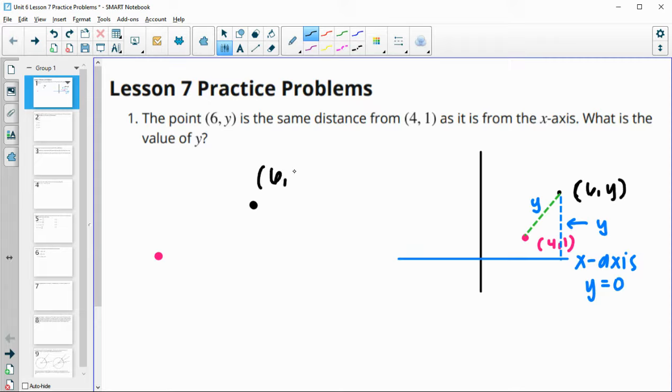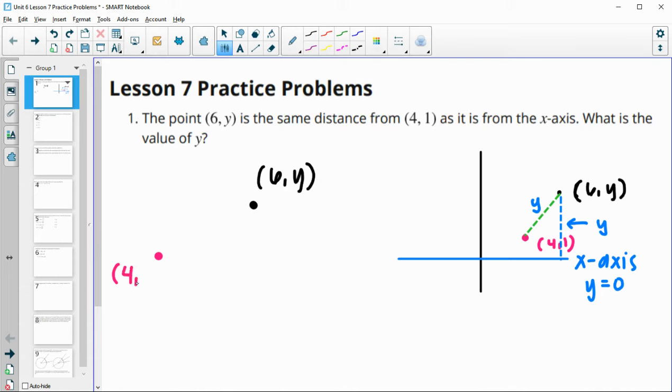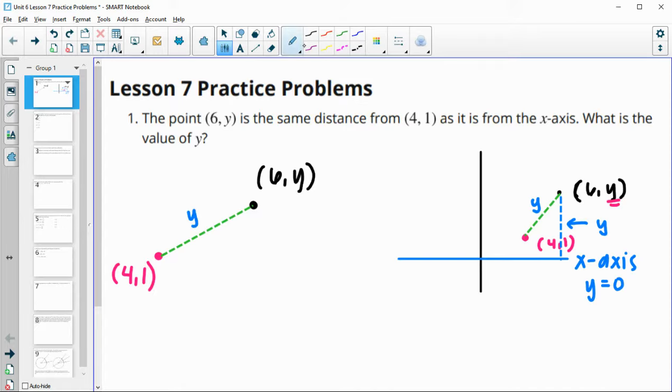This is the point (6, y), and remember that this is the point (4, 1). We know that this distance right here is equal to y, since this point is the same distance from the focus as it is from the x-axis, and it is y units above the x-axis.